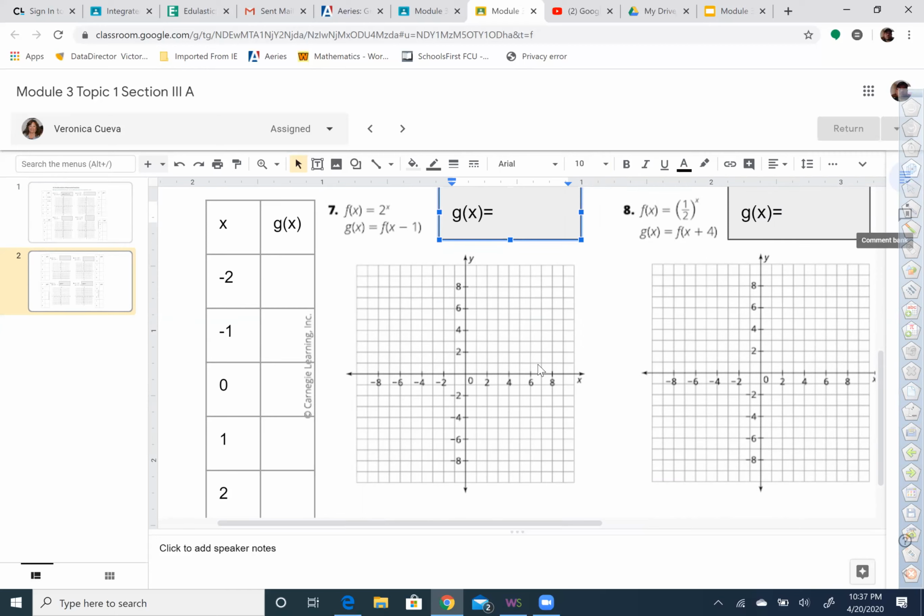So we're gonna have 2, and I'm gonna use this symbol right here to the x power. Replacing the x, it'll be 2 to the x minus 1. So the x minus 1 should be on the exponent.